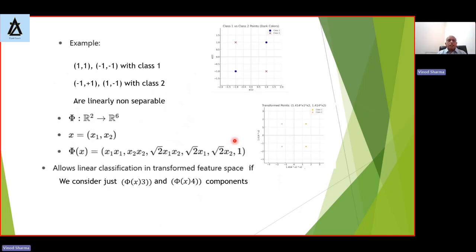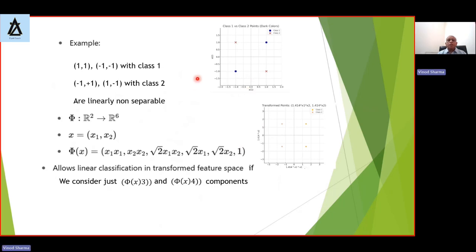Let's give an example for that. So consider this example. It is a simple two class problem. We call them class 1 and class 2. You could label them 1 and minus 1. There are two samples, (1, 1) and (minus 1, minus 1), in class 1. There are two samples, (minus 1, 1) and (1, minus 1), in class 2. And we have plotted them here.